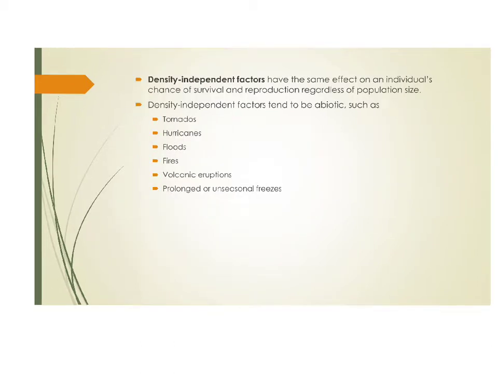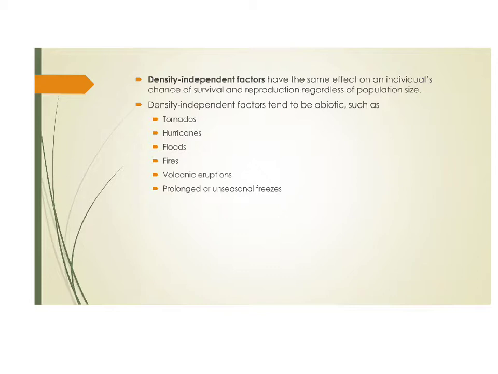Density-independent factors have the same effect on an individual's chance of survival and reproduction regardless of population size. So it doesn't matter what the size of a population is, density-independent factors will influence survival and reproduction no matter if the population is large or small. Density-independent factors tend to be abiotic factors, such as tornadoes, hurricanes, floods, fires, volcanic eruption, prolonged or unseasonal freezes.